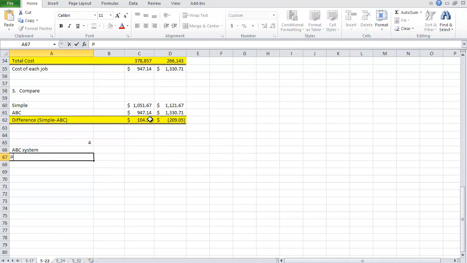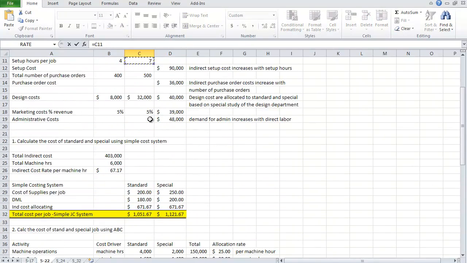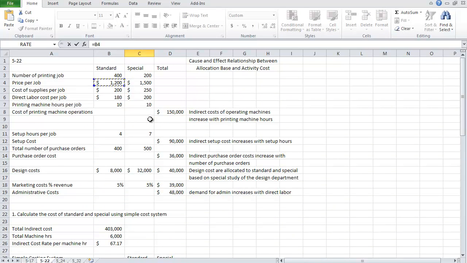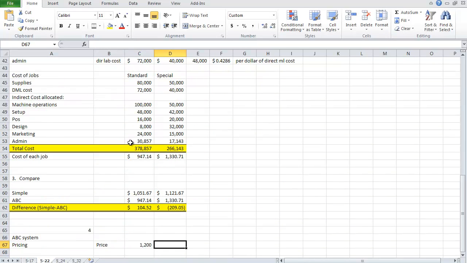So from a price standpoint, let's put this together: 15 and 12.